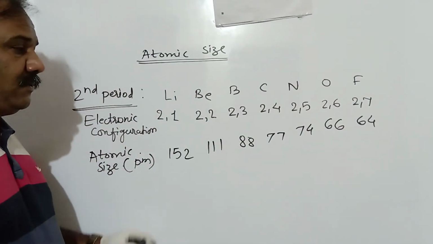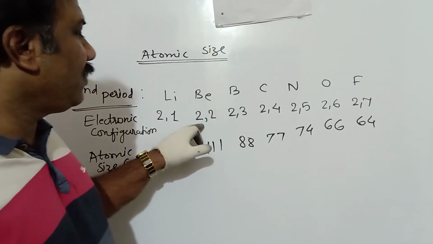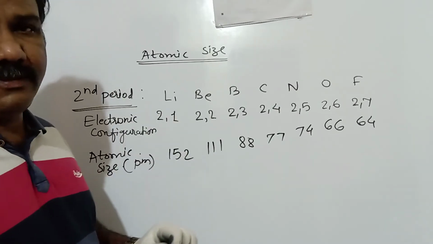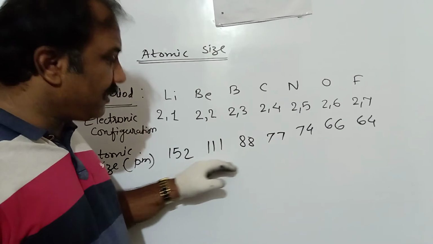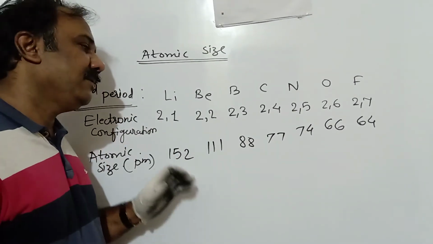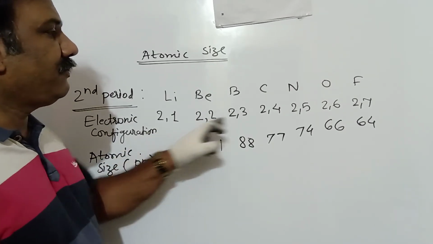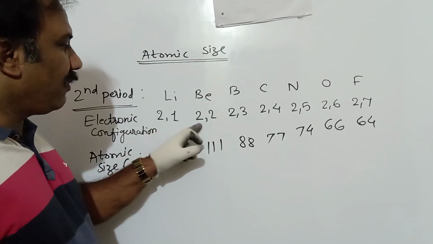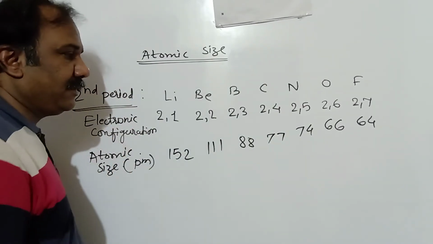But what is the reason why this atomic size is decreasing? Though there are 2 orbits in the atom of every element, so the number of orbits is constant but atomic size is decreasing. So what is the reason? The reason behind that is, as we are moving from left to right in this period, the number of electrons is increasing, meaning the atomic number is increasing.